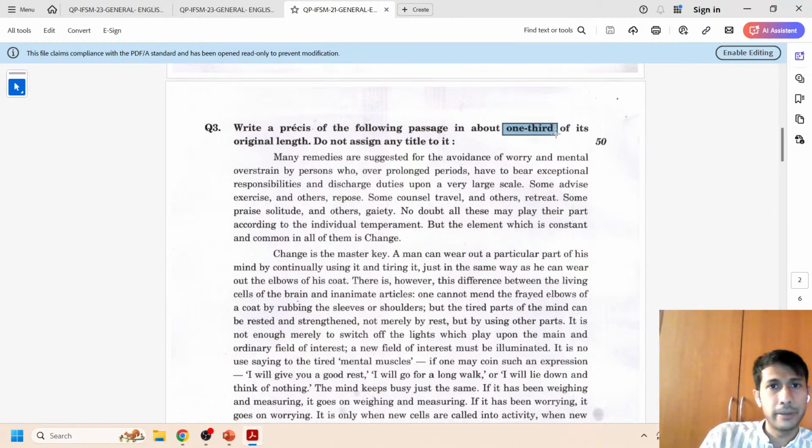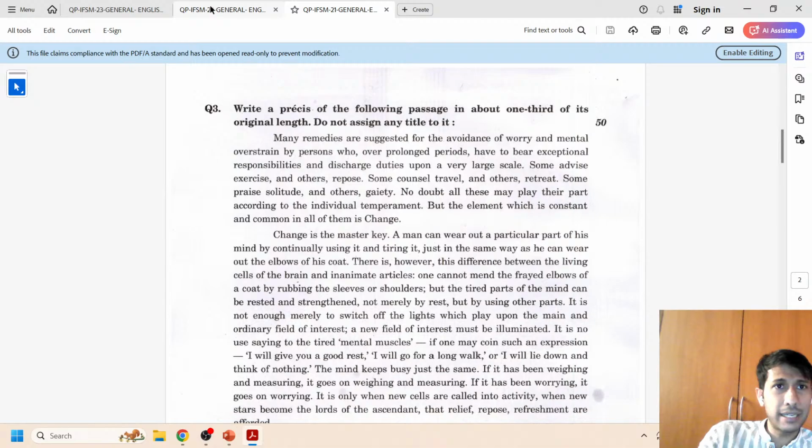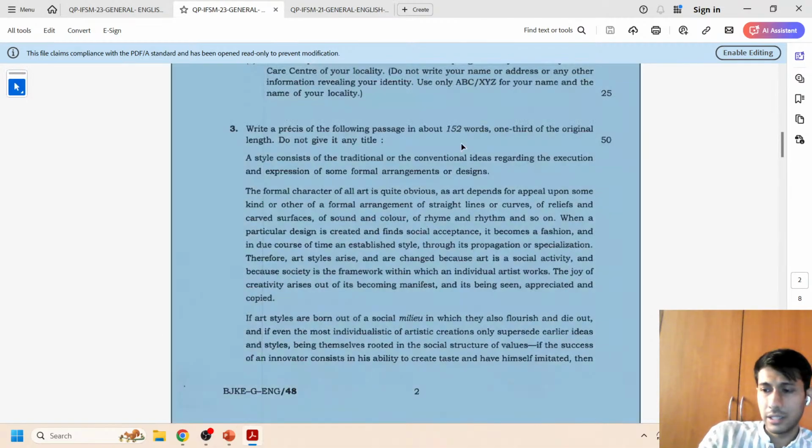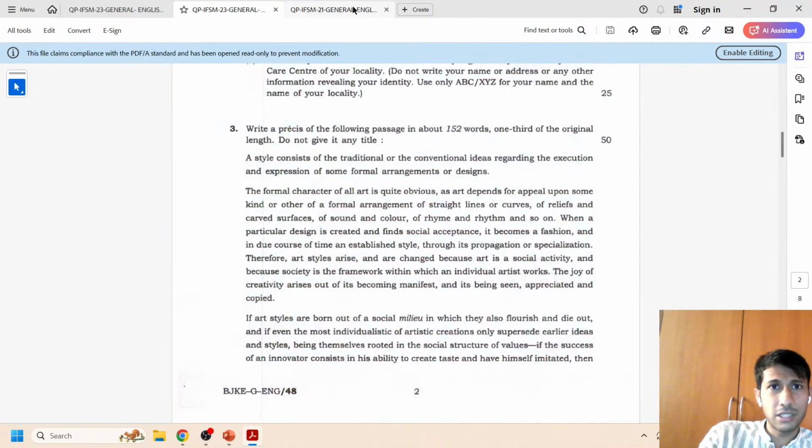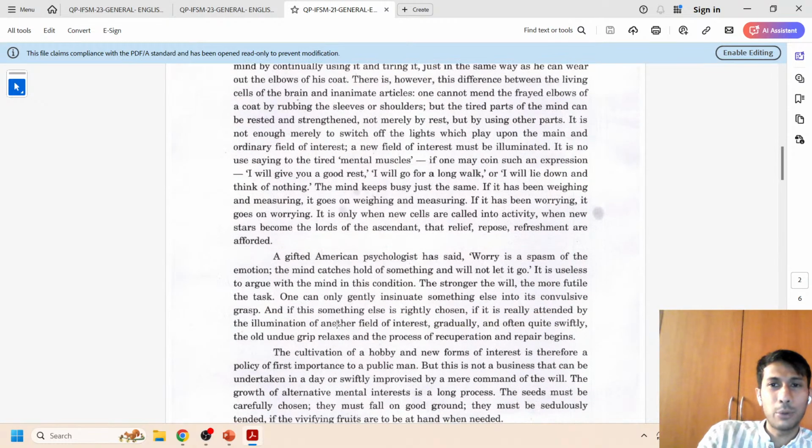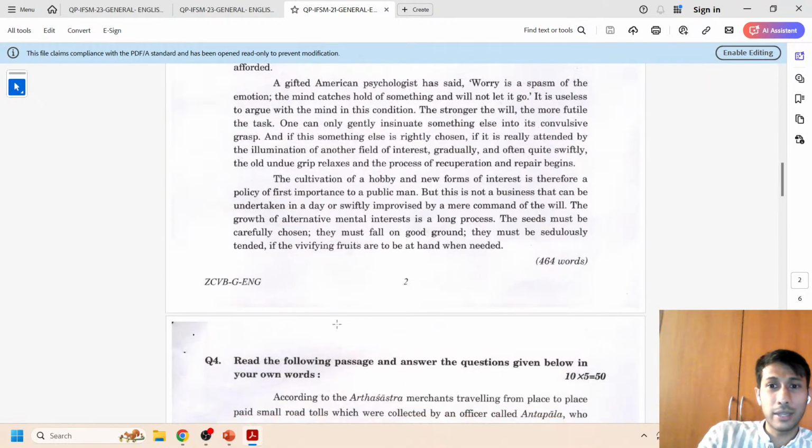So ensure that if the word limit like this is not mentioned, you spend time counting words. Okay, sorry, they have given the number of words, so divide by 3. They have given 464 words divided by 3.